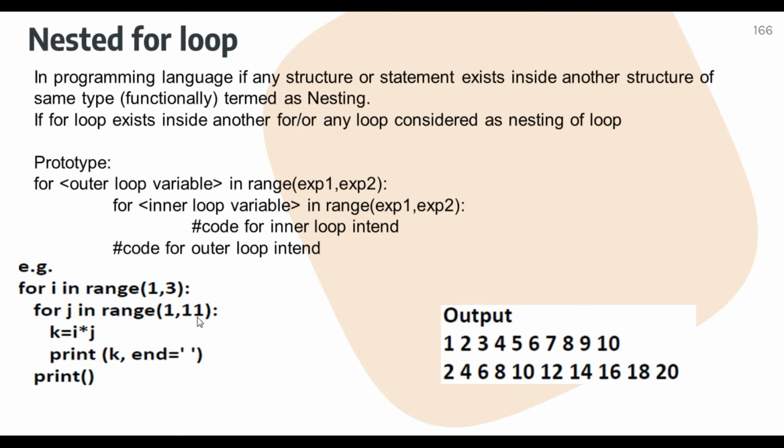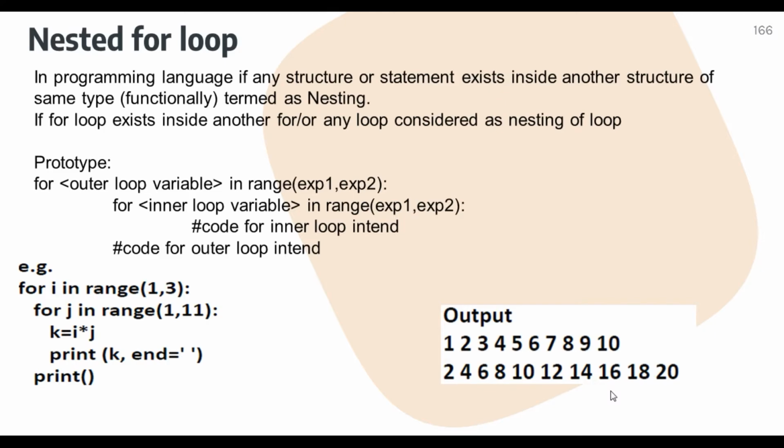For j in range(1, 11), it will run from 1 to 10 definitely, because it stops at n minus 1. Here k equals i into j, and at last print k, end. This is Python 3 plus version coding, and print will print on the next line. The output will be 1 to 10 and 2 to 20.